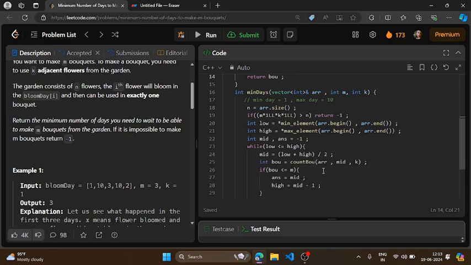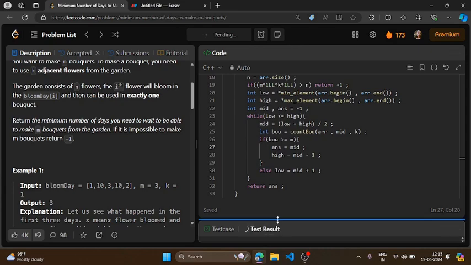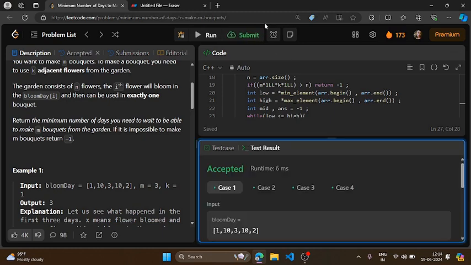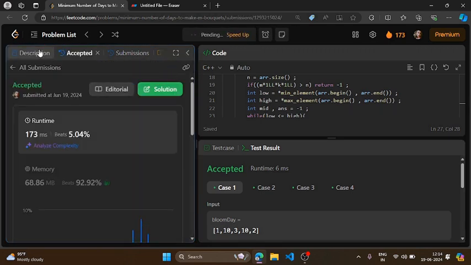Number of bouquets are like this. Oh sorry, if the number of bouquets is greater than or equal to the required number of bouquets, then I have to consider this in my answer and check for the lower days, otherwise I had to check for the higher days. So this was the problem. Fine, now it's working. Okay guys, so it's working.